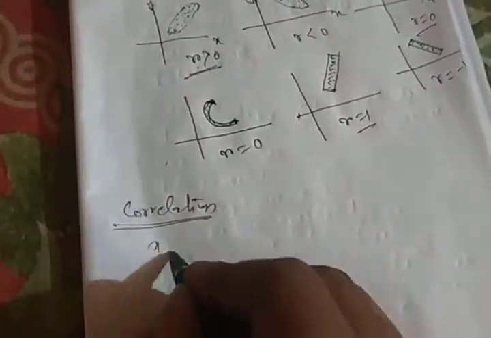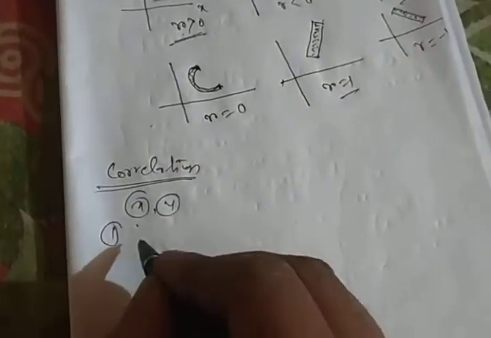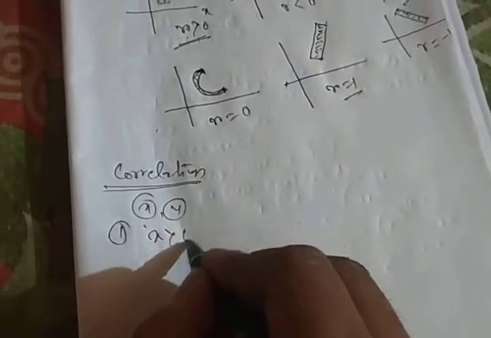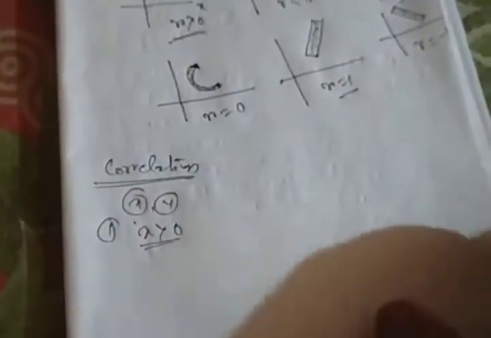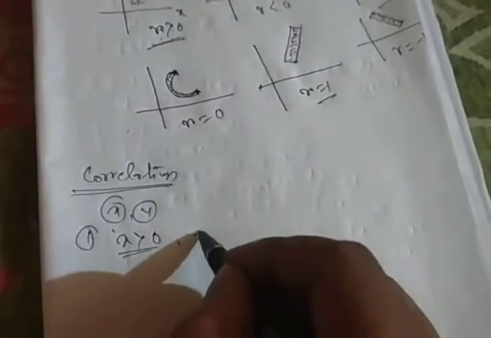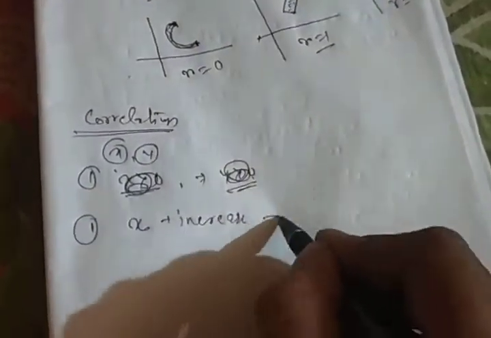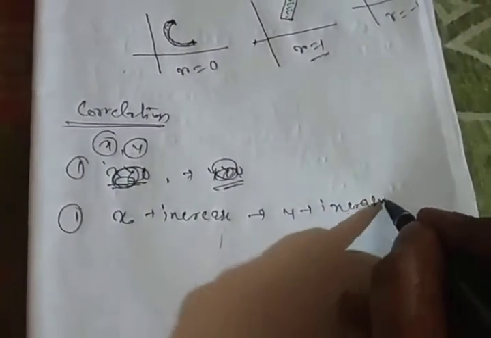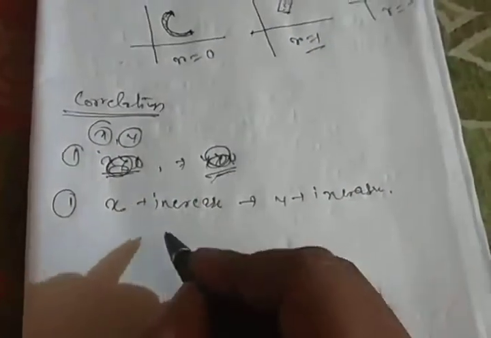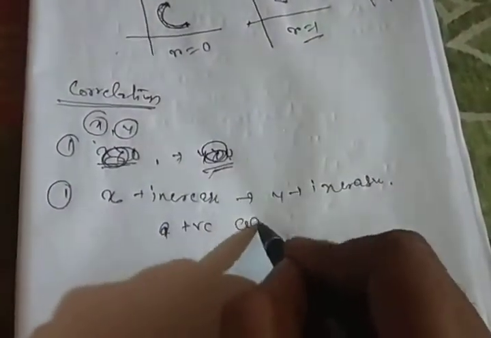The first: let's say two variables occur. If x is increased, and if x increases in a way that y is increased also, then we will say it is positively correlated.